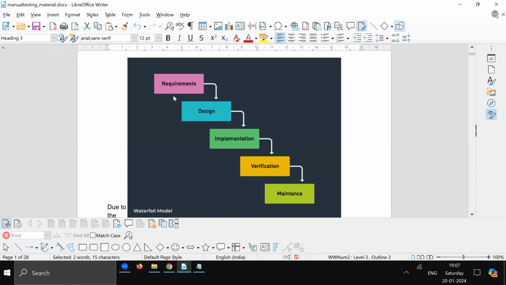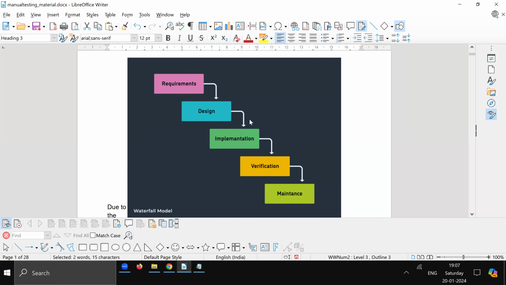And the principle was that in those days, once design starts, one must never go back to a previous stage like requirements. Waterfall model says that.